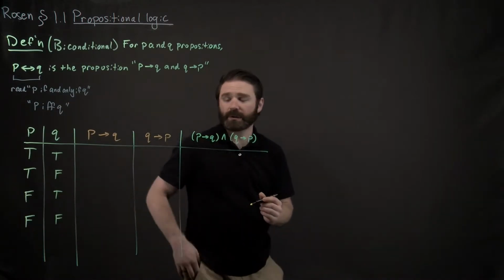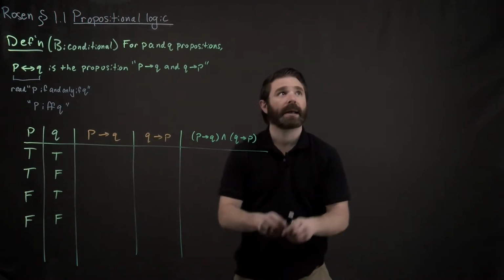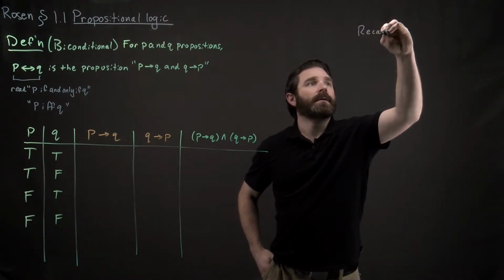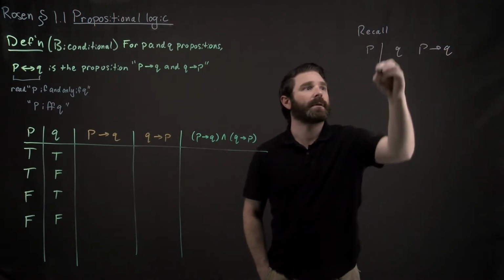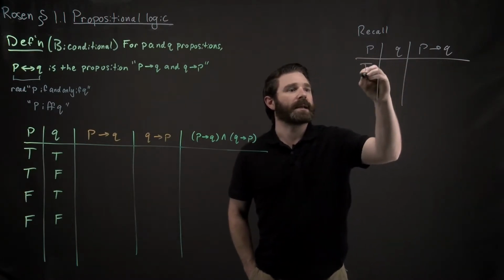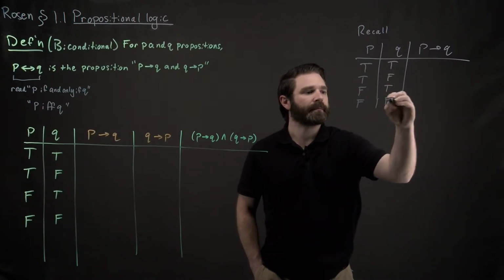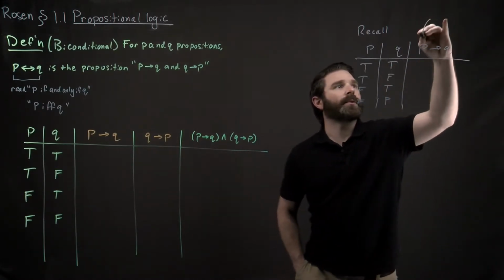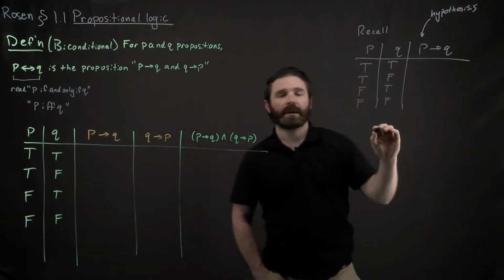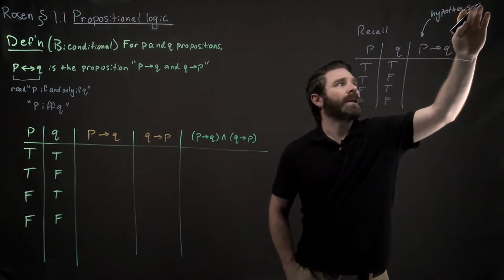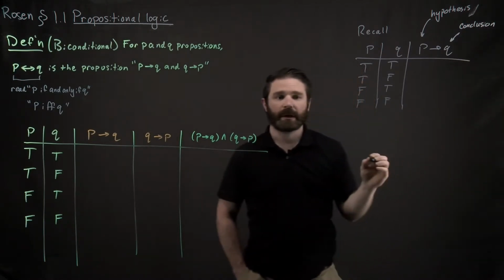It might be helpful at this point to recall the definition of implication, or P implies Q. If we had P and Q and P implies Q right here, the truth table for this looks as follows. Remember that we call this part the hypothesis, and we call this part right here the conclusion.